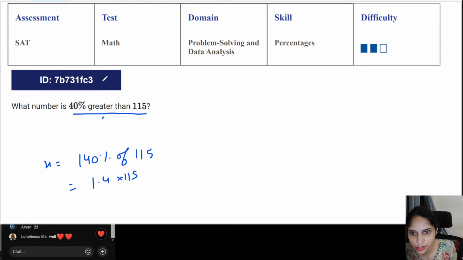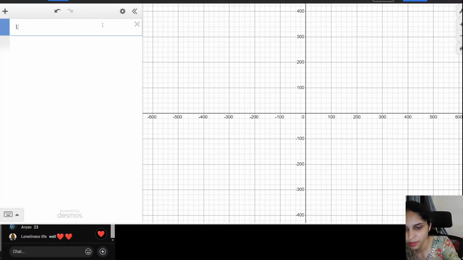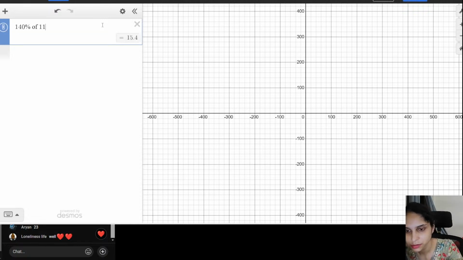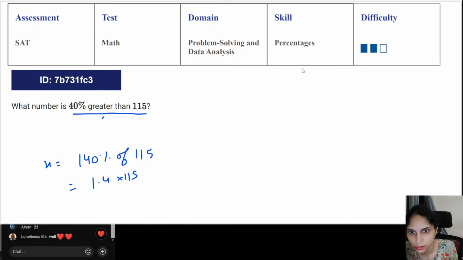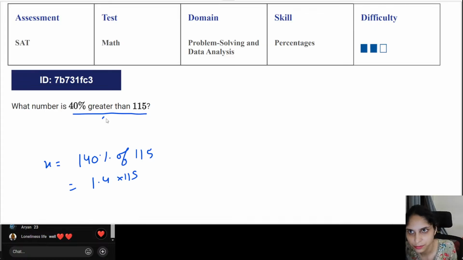You can put any of these things in Desmos. Because you're increasing by 40%, so it becomes 140% because you're adding it to 100. 161. 161 is 40% greater than 115.